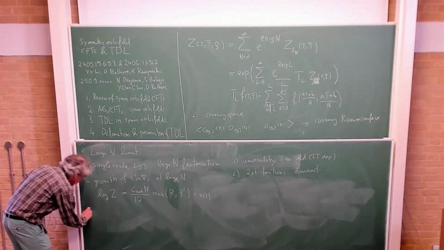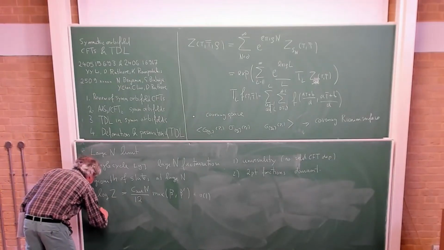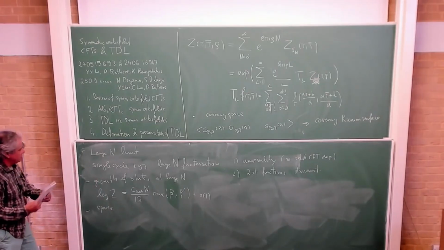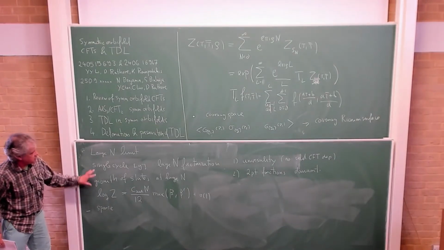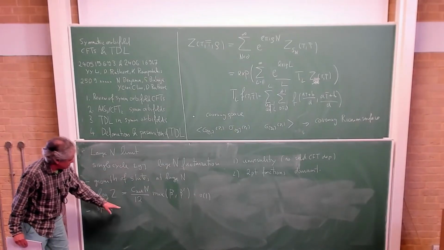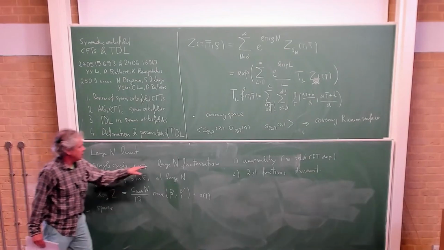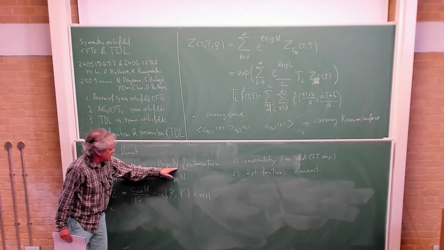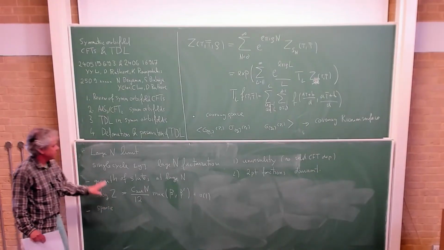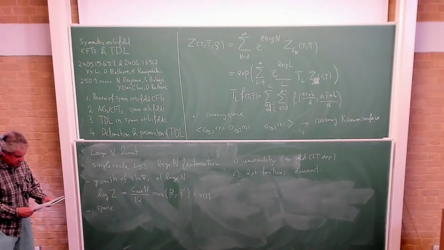And in some sense the spectrum is sparse. I don't want to write a definition, but you could imagine that states with relatively small conformal dimension would in the large n limit just grow without bounds, and that doesn't happen. So these are all properties of symmetric orbifolds.